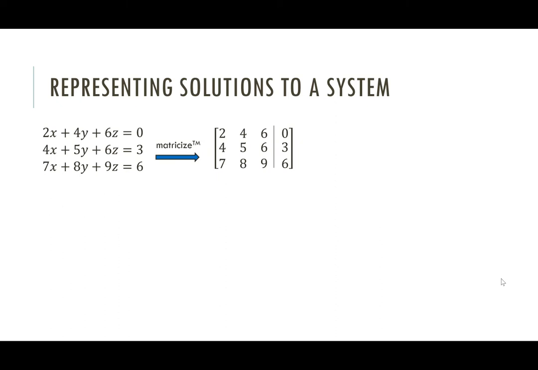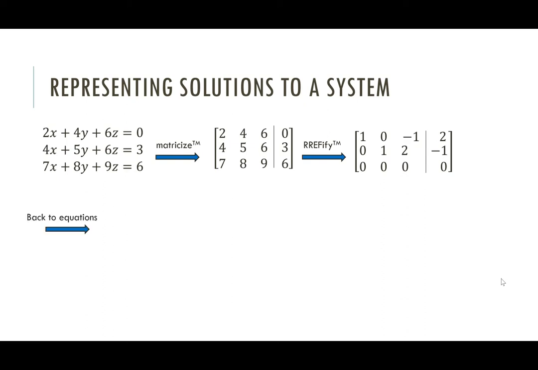Okay, so we matricize the system. We put all of our constant terms in the matrix. Then we refify the system. Again, no one will know what you're talking about if you say that outside of this class. But we put it in reduced row echelon form. We get something like that. And then we translate back into a system of equations.